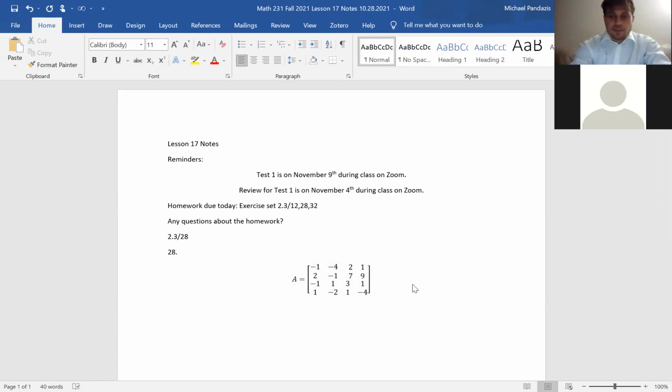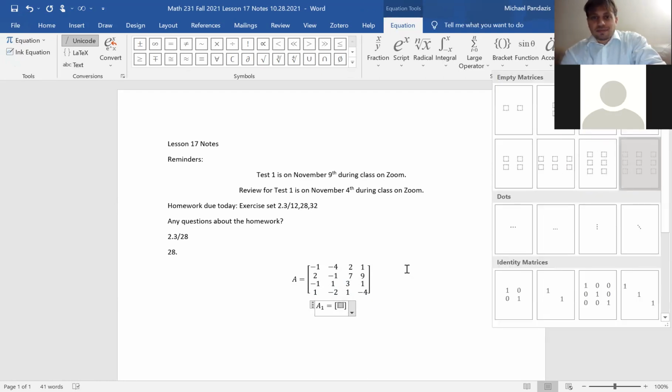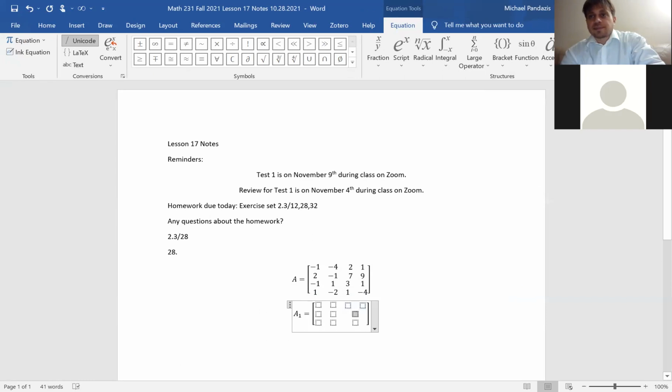That good so far? Yeah, then I wasn't really sure what to do after that. Okay, so for A1, you have another 4x4 matrix. I have to copy this.